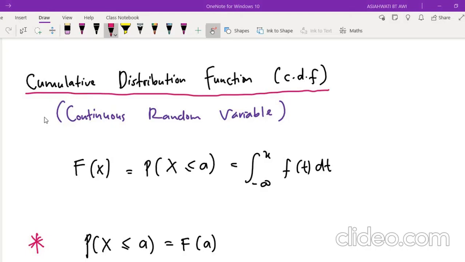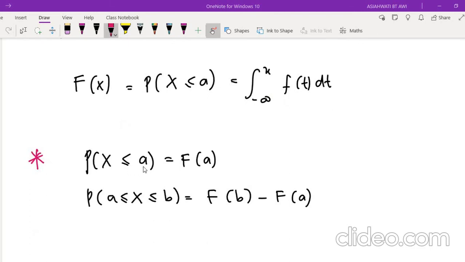In this video, we are going to discuss the cumulative distribution function, or CDF, for a continuous random variable. The cumulative distribution function is represented by capital F of x, equal to the probability that X is less than or equal to x, which is equal to the integral from negative infinity up to x of the function f of t with respect to t. The probability that X is less than or equal to a is equal to the cumulative F of a.